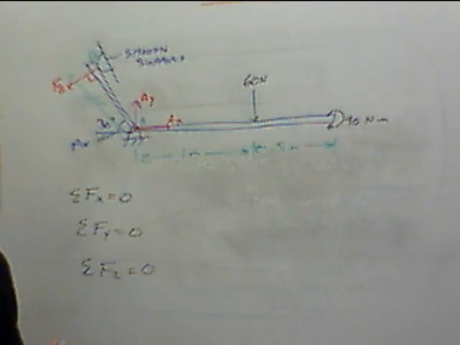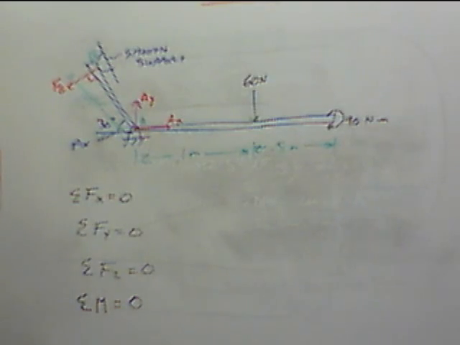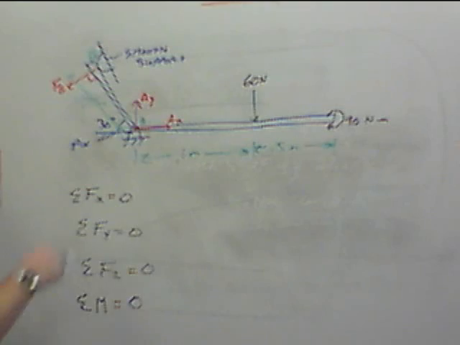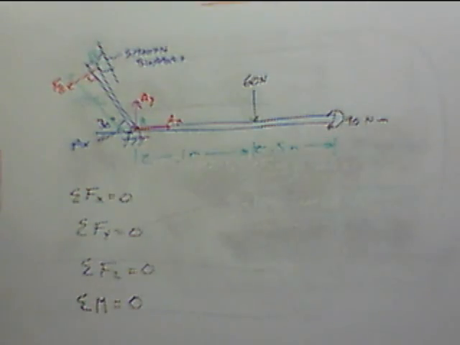Those are our forces. We also have summation of moment equals 0. And in 2D, again, we're taking moment about some point, whatever point makes sense. And we'll end up using that in a second. So this is nice. We only have 3 unknowns, so we should be able to work with this pretty easily.